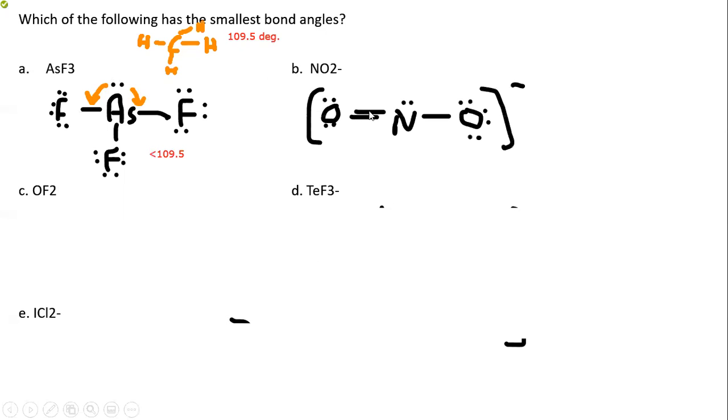Next, we go to NO2 minus. NO2 minus has 3 electron pairs if we're looking at it in relation to the geometry. So this would be what we call bent geometry. Now if we look at its cousin, boron trifluoride, so boron trifluoride has 3 bonding pairs of electrons, and the bond angle here, of course, is 120 degrees.